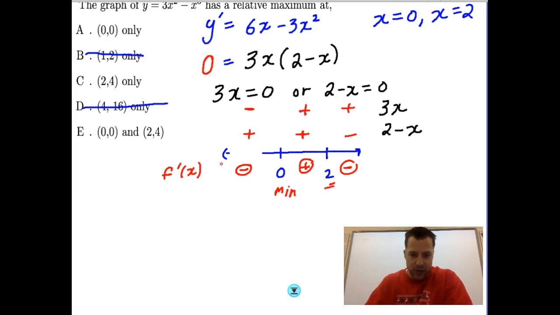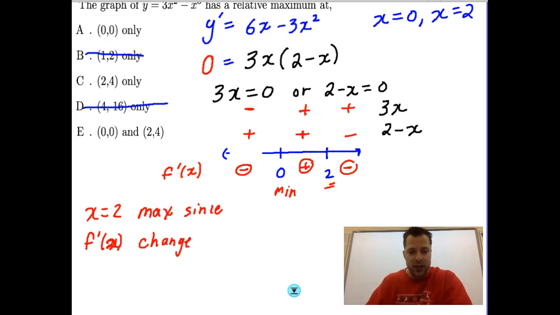Okay, so x equals 2 is our maximum, since f prime of x changes from positive to negative. Now we have to figure out, okay, it's not A, and it's not this part, so it's done. We've got the answer to be C.